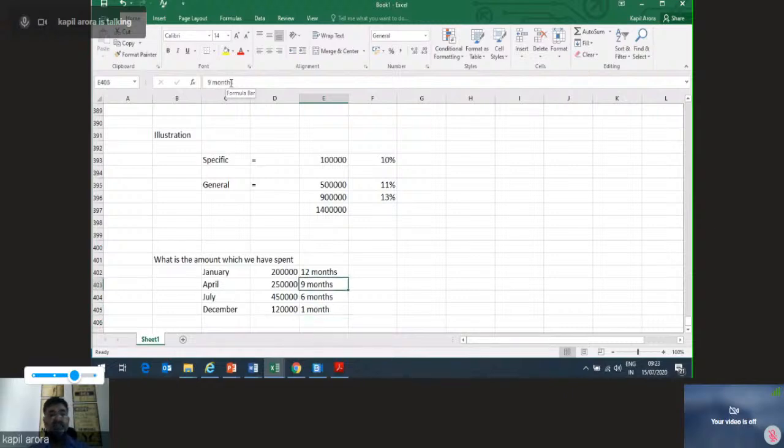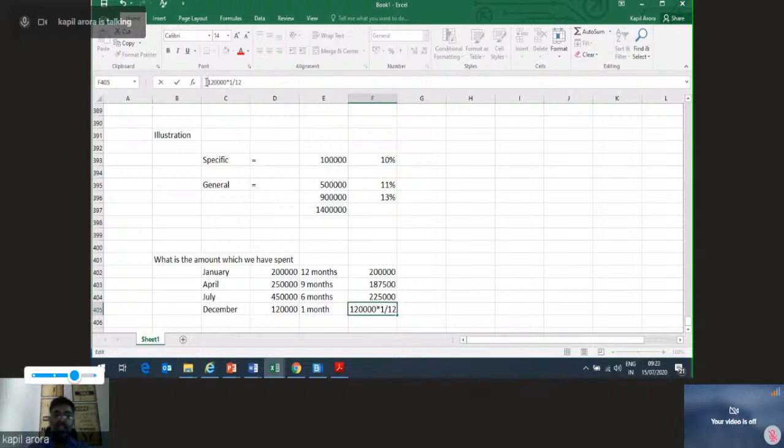So the amount I have to consider here would be 2 lakh into 12 by 12, 2,50,000 into 9 by 12, 450 into 6 by 12, and 120 into 1 by 12.